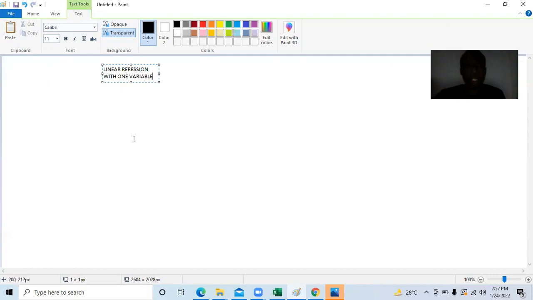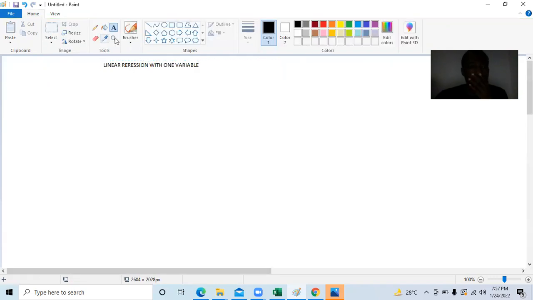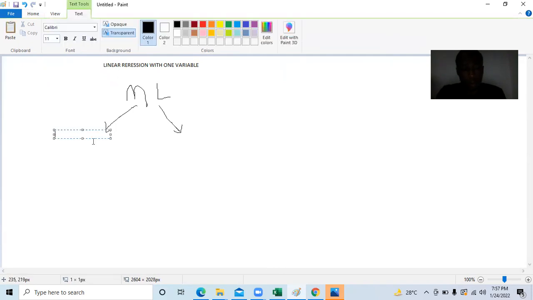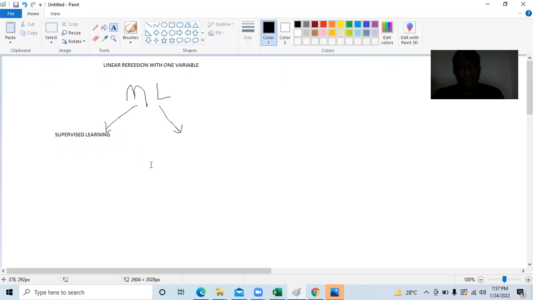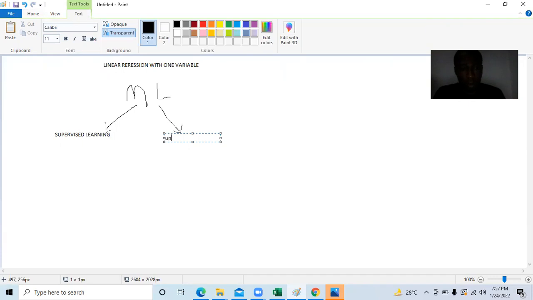In the previous class, I made an explanation that I'm going to go over again, just for emphasis sake, right? I said machine learning, ML, is divided into two. The first one is supervised learning. And the second one is unsupervised learning.